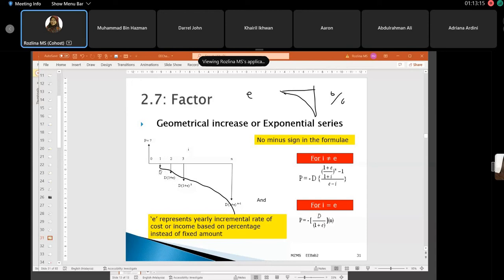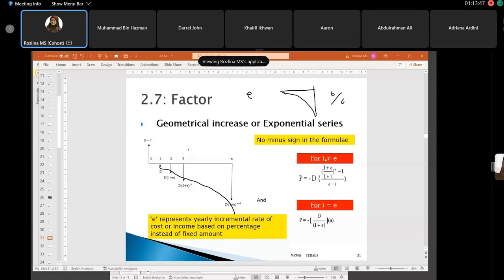So this is how they explain about the E. Okay, D is like A just now. Okay, this is the D value. And then now increment. So the formula is D times 1 plus E. Here, maybe the E value is 10% and the I value is maybe 8%.